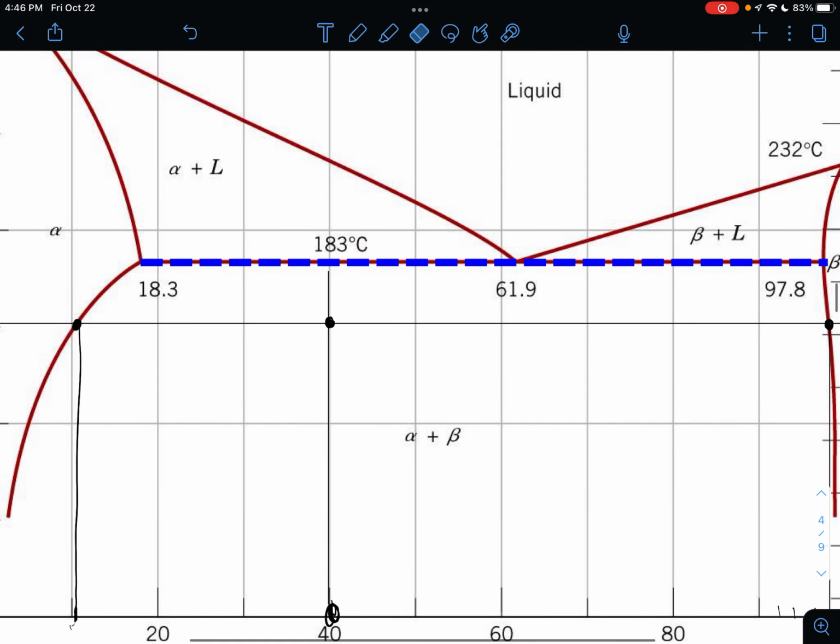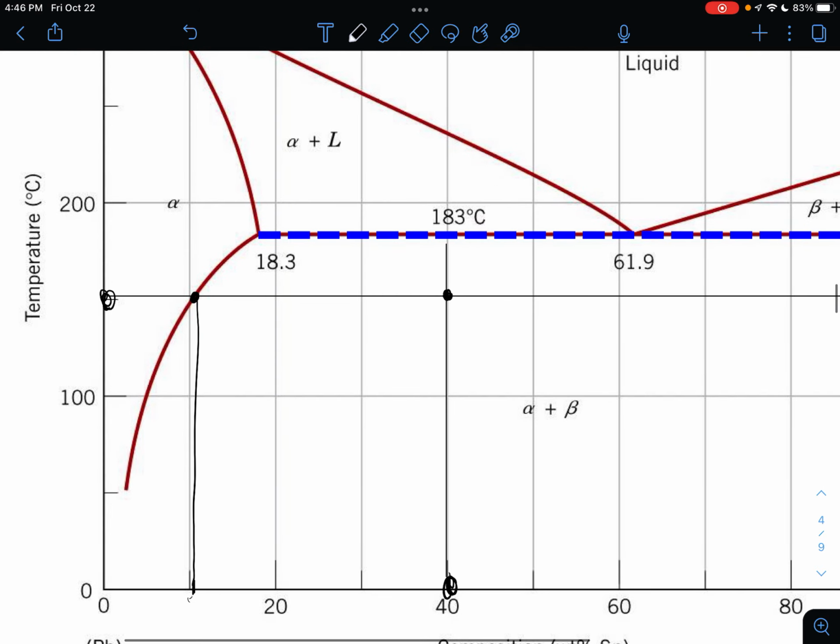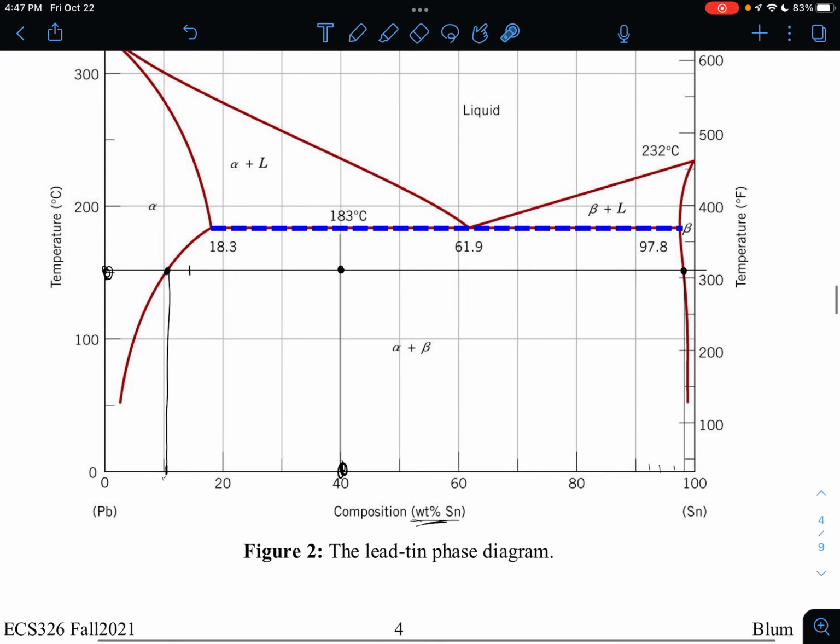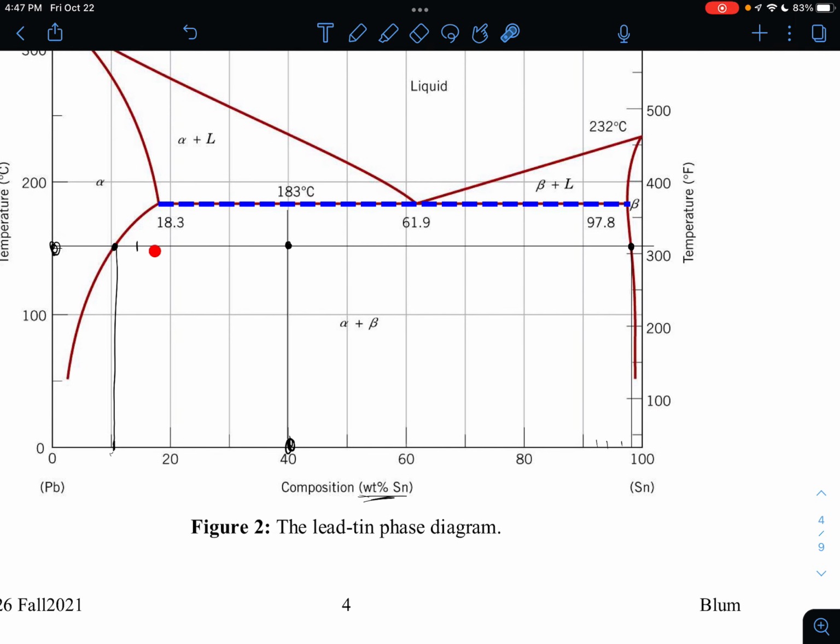When we're doing our lever rule, if we're coming this way and we get just across this line, we're very close to just being pure alpha, but we have just a little bit of beta. So we're like right here. This little bit is going to be our beta, and this bigger bit is going to be our alpha.